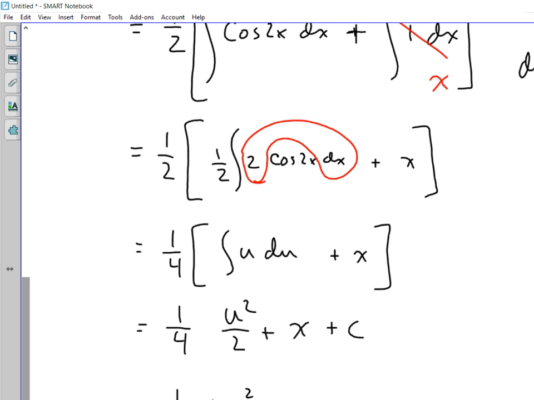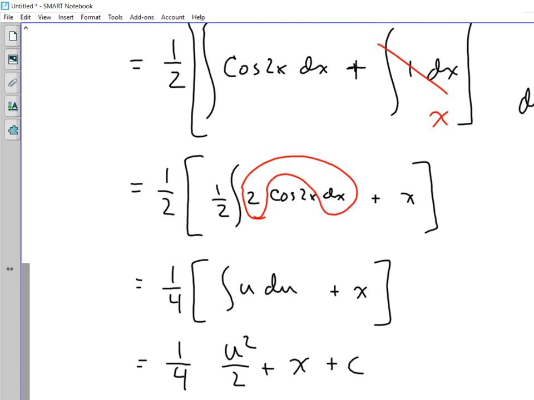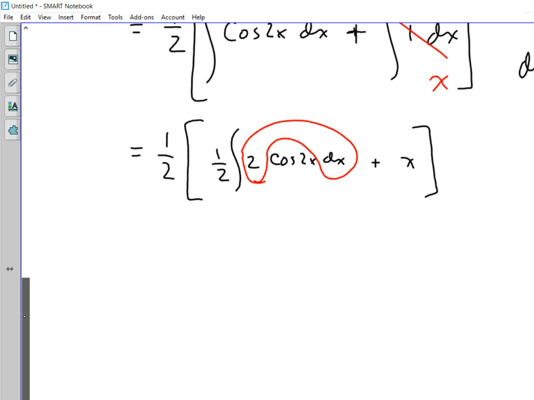My u was cosine of... Ooh, thanks for catching it. Look at that error. That's cosine of u. Oh, goodness gracious. We're all human. I made a mistake.